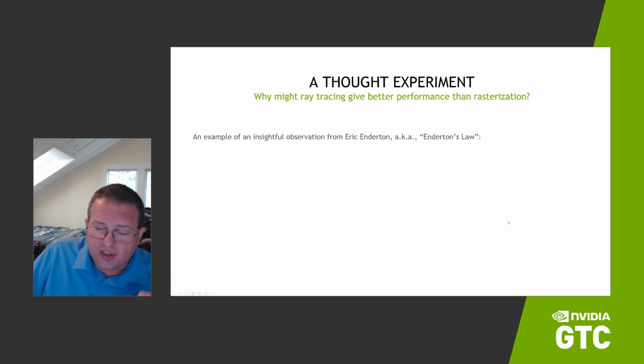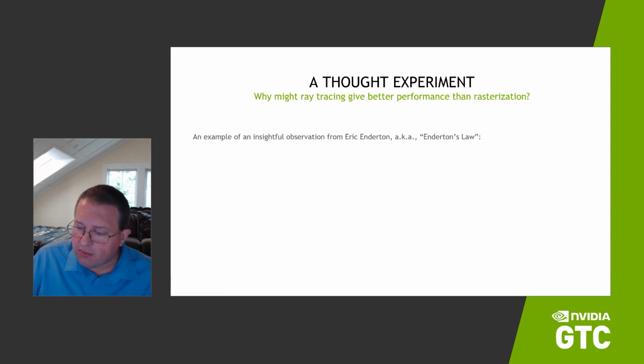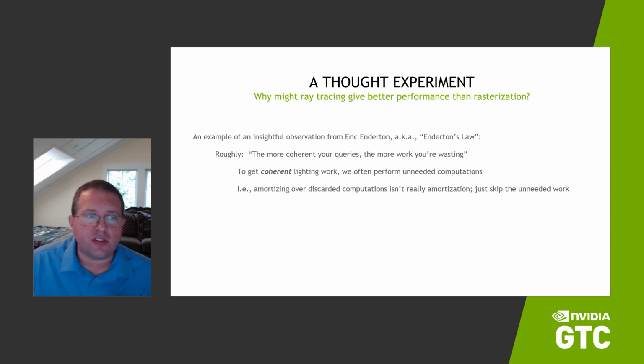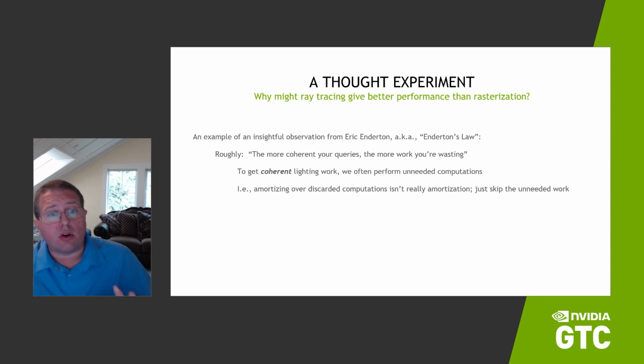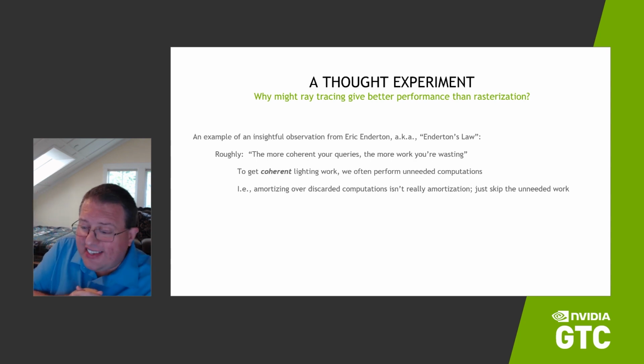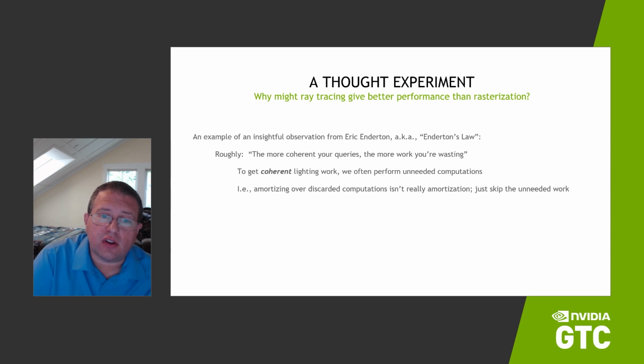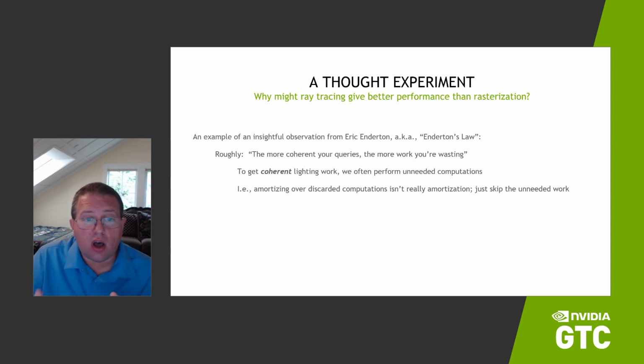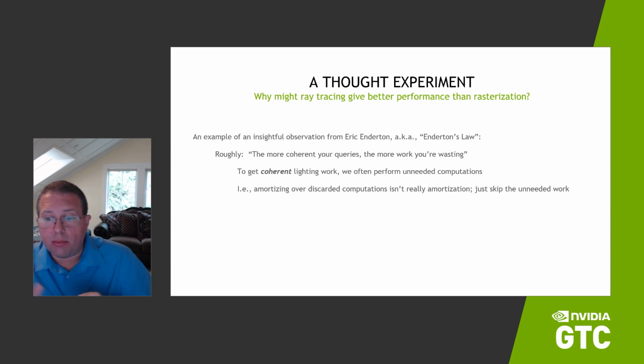And really, this is an example of an observation I've heard a number of times from Eric Enderton that I find very insightful. I think of this as Enderton's law. And the observation is essentially this: the more coherent your queries, the more work you're wasting. And to get coherent work in rasterization, just like in shadow mapping, we'll often perform unneeded computations, whether that's aligning things to a grid, whether that is helper pixels for 2x2 quads.